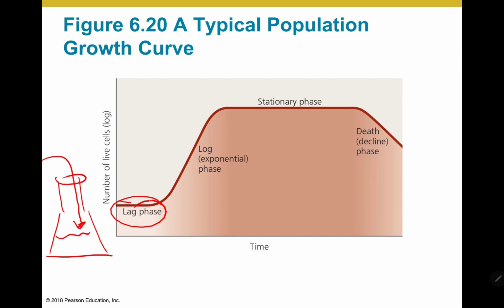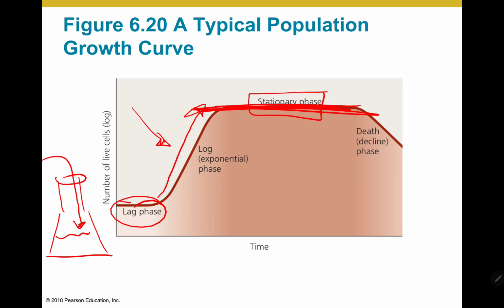Then when they're used to the nutrients, they grow quickly, so they have exponential growth. They're utilizing all those nutrients, and that binary fission we just talked about is going to be the quickest here. Their generation time is the quickest during that log phase because they're growing exponentially really fast.